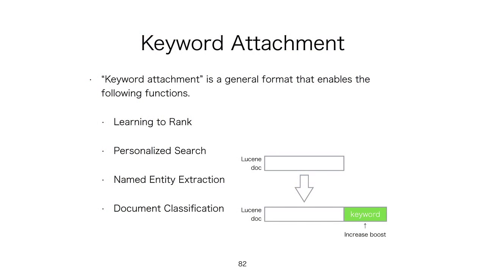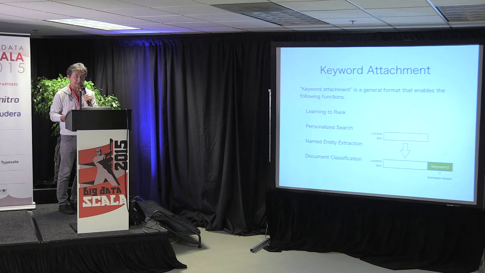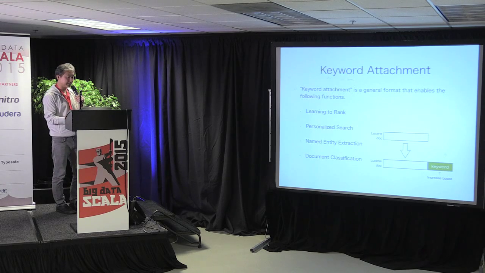Now, let me explain the keyword attachment dictionary. The keyword attachment dictionary is a dictionary that holds pairs of document ID and the keyword list that you want to attach to that document as its items. You will refer to this dictionary when you are creating a Lucene index to attach any keywords to Lucene documents.